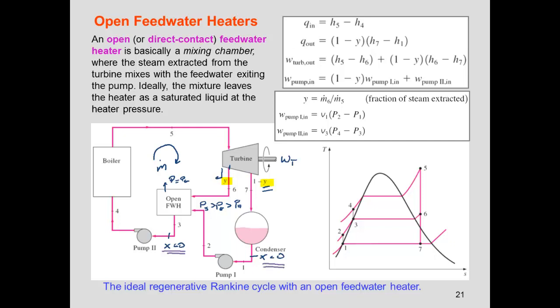Let's say, just for the argument, that the optimum y is 10%. If y is greater than 10%, then we start to boil.